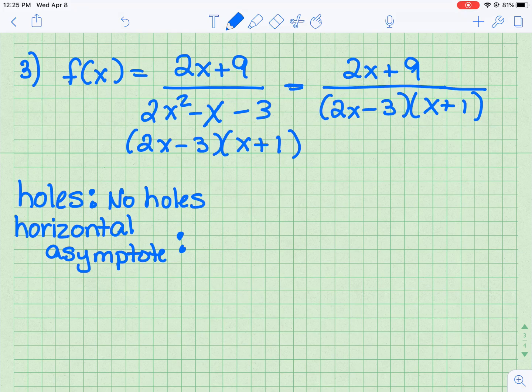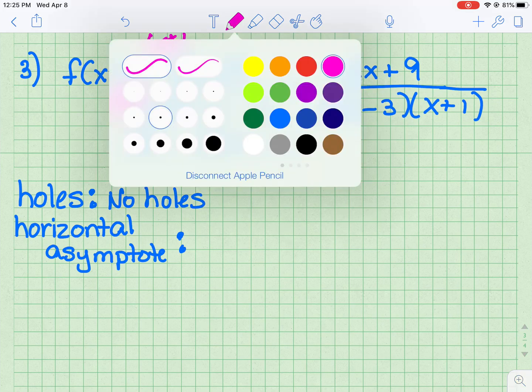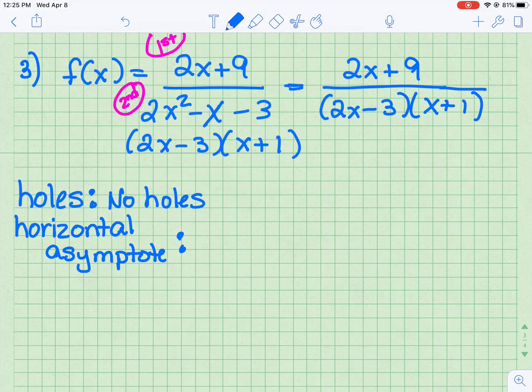The degree of my numerator is first, and the degree of my denominator is the second. Because remember, it's always the highest exponent. So that means my denominator is greater than my numerator in degree. So when I go back to that, that again is the first case, so that's y equals 0.